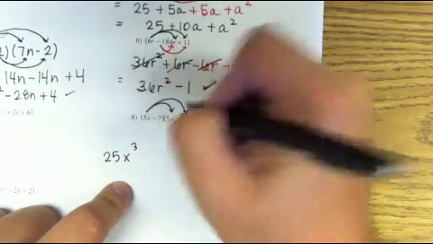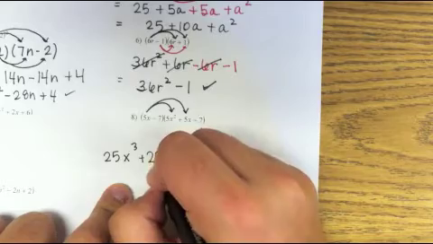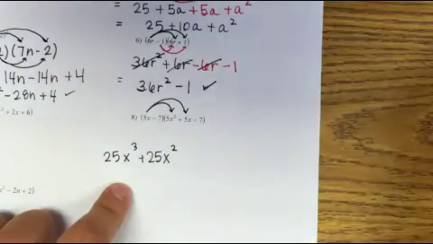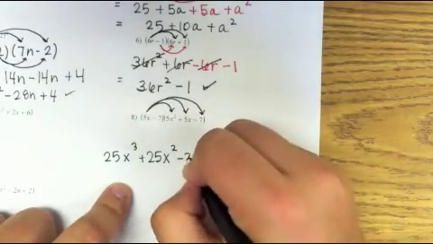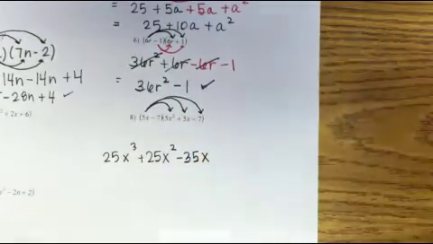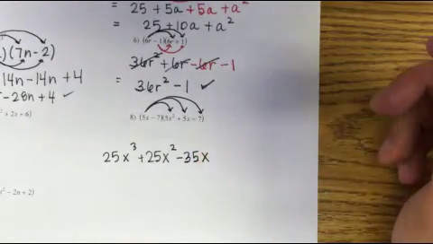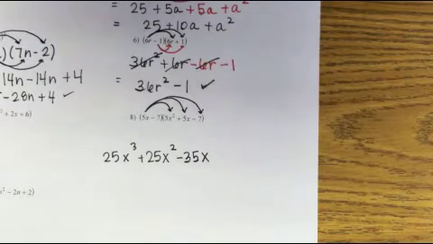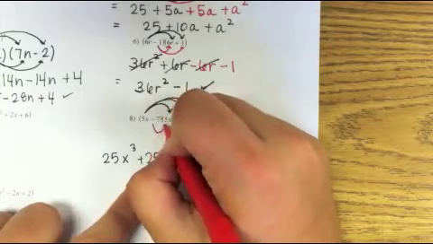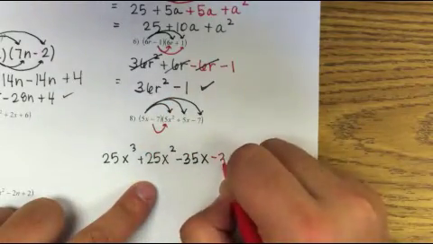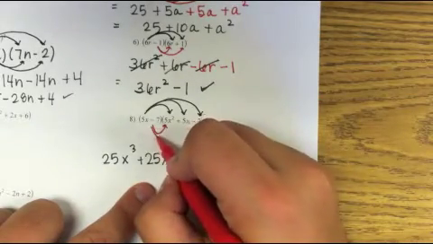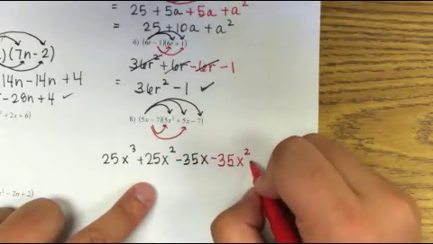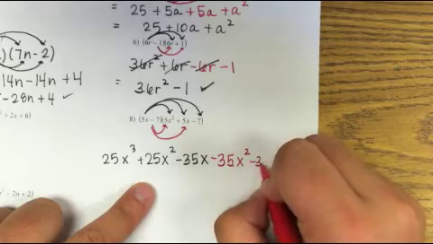5x times a 5x is 25x squared, and 5x times -7 is a -35x. Okay, now let's do the bottom part. -7 times a 5x squared is a -35x squared. -7 times a 5x is a -35x.